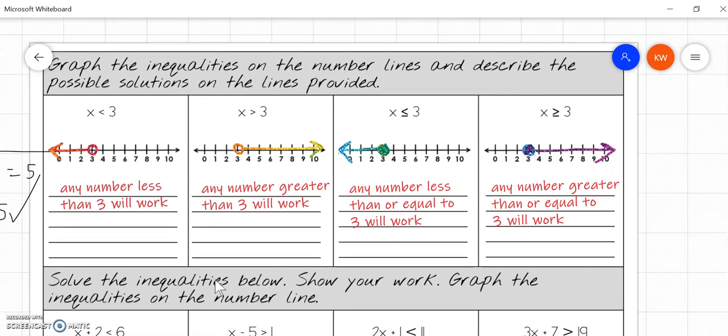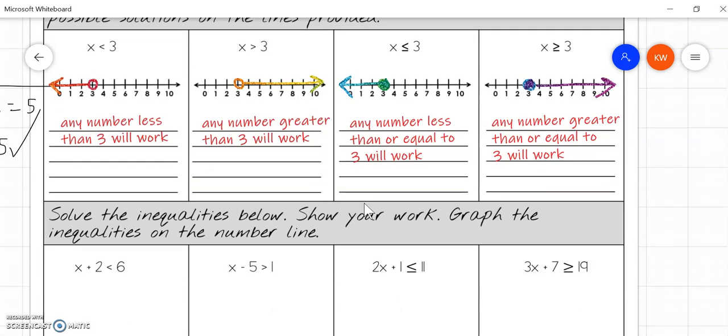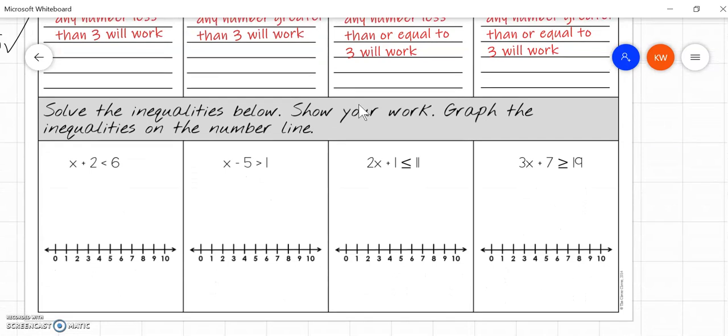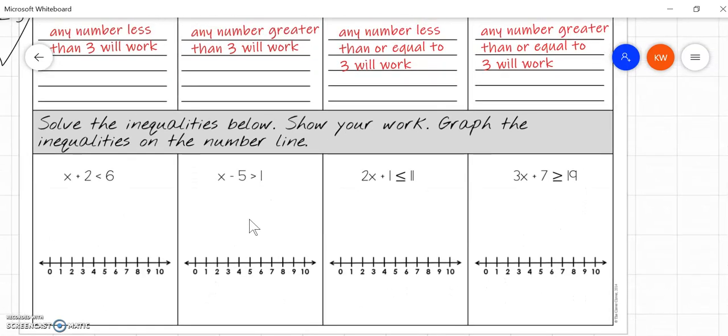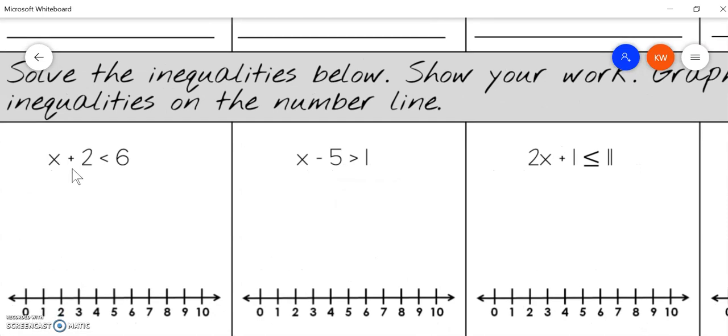Now, likewise to how we solved equations, inequalities are pretty similar. So we're going to do one of these down here. I'm going to do a simple one, and these other three are up to you. Okay. Now, for this one, pretty simple. I need to get x by itself. Currently, it's being added by 2. So I'm going to subtract by 2.